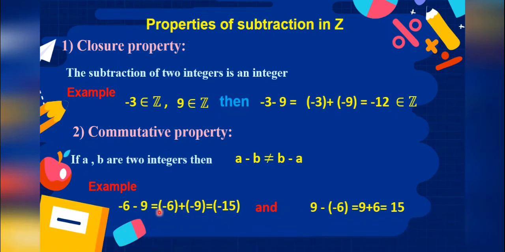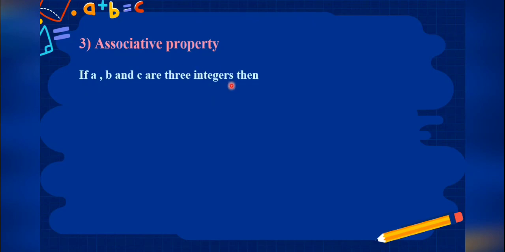What about the associative property? If a, b and c are three integers, then a minus b in brackets, minus c, doesn't equal a minus the group b minus c. So when you group a minus b and subtract c, it will not be the same answer as when you subtract b minus c and then subtract that from a.